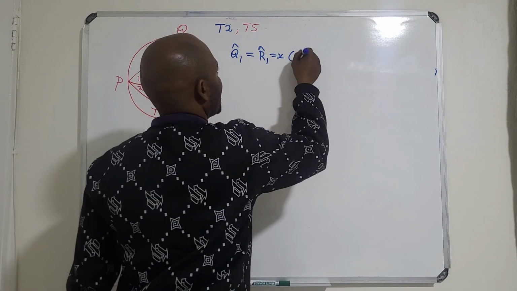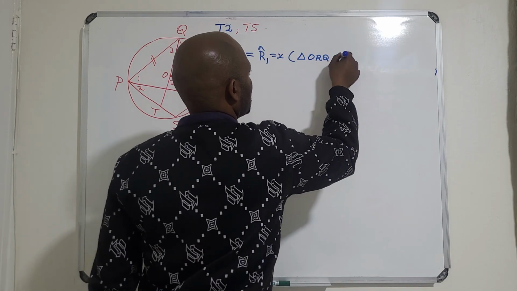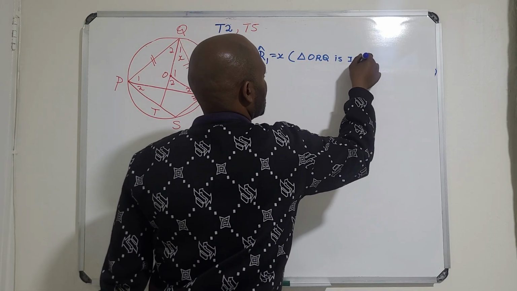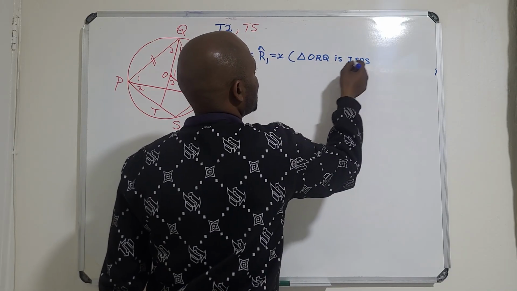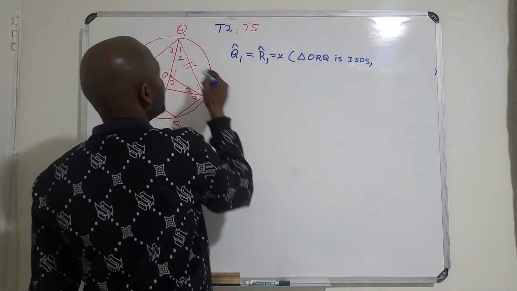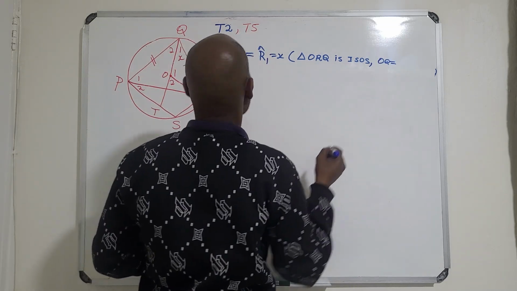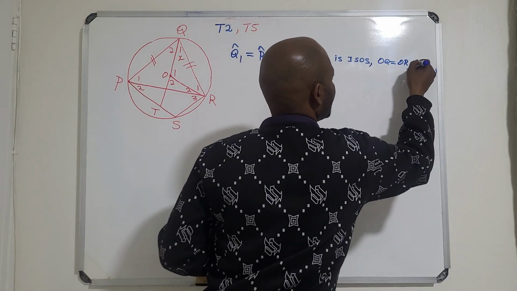Reason: triangle ORQ is isosceles. Why is it isosceles? Because OQ is equal to OR. Why? Because we've got radii.